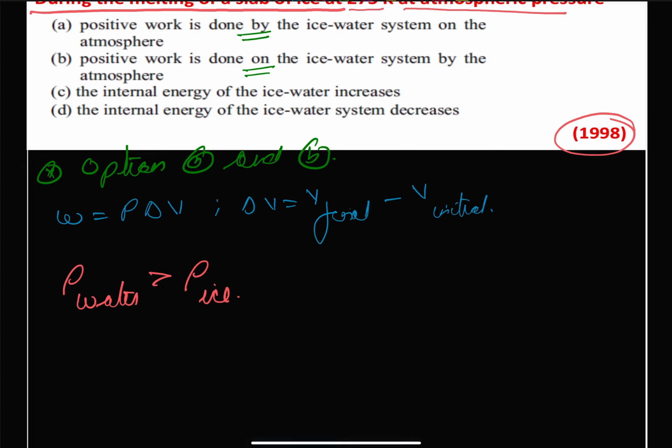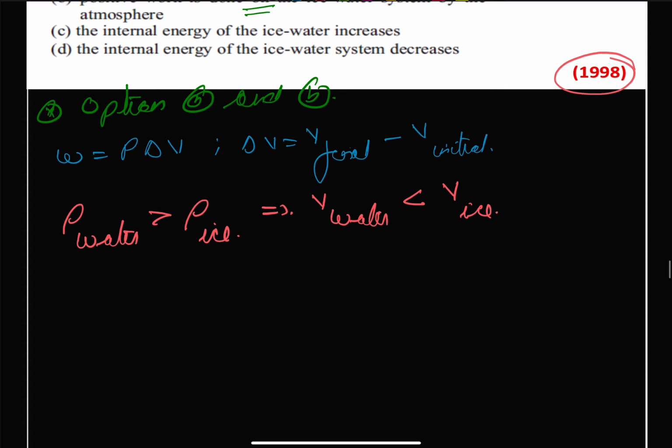And therefore we can say that the volume of water will be less than the volume of the ice. So from here we can find out delta V sign. So delta V will be equal to our volume of water minus volume of our ice.